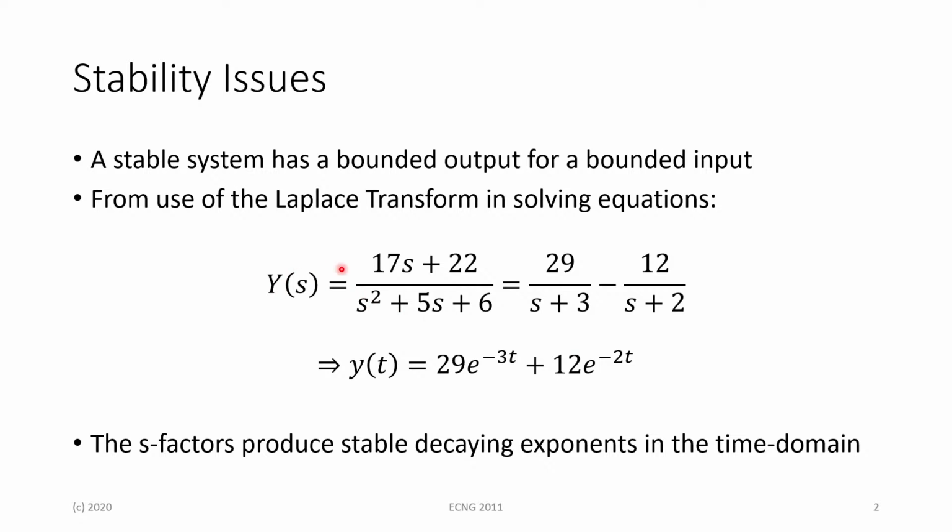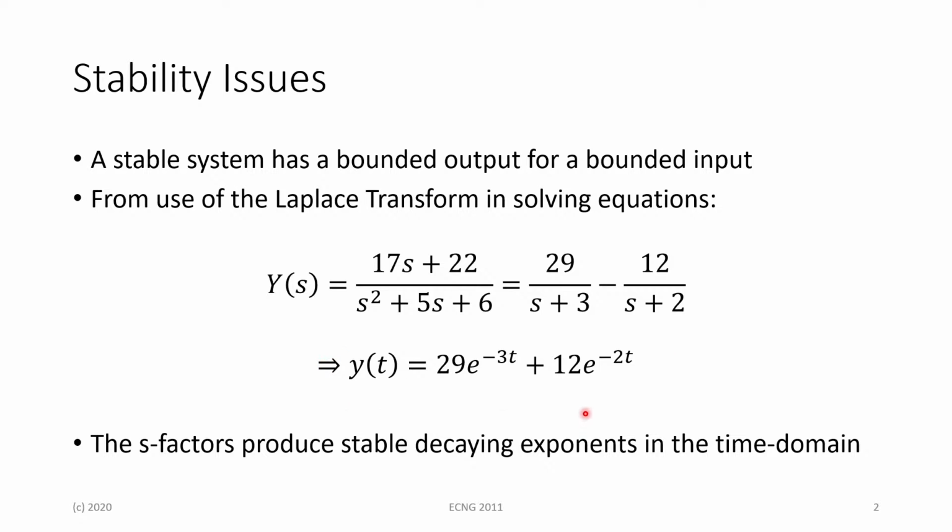So we can have a Y(s) equation here that is of order 2 in the denominator and order 1 in the numerator. Once we deal with the Laplace transform, to get it back into the time domain, we do partial fractions and then use the Laplace transform table to obtain the inverse Laplace transform and get the y(t) equivalent here.